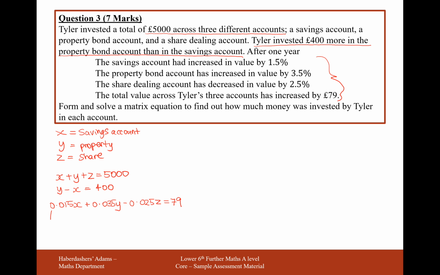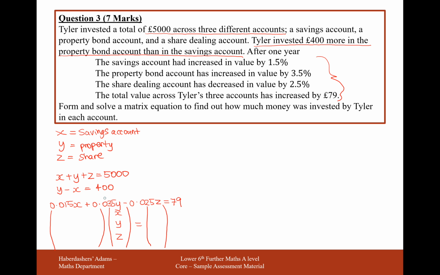And what we can do now is form an equation from a matrix that represents what we've got going on here. So the first thing to note is that the second vector is just an XYZ vector, and that's representing how much we have in our savings account, property and shares.